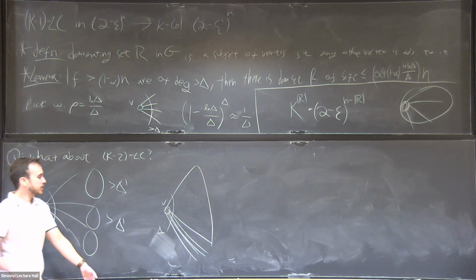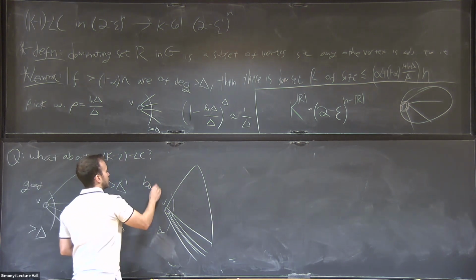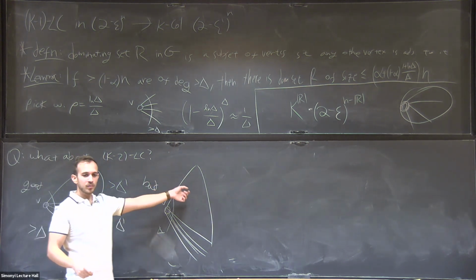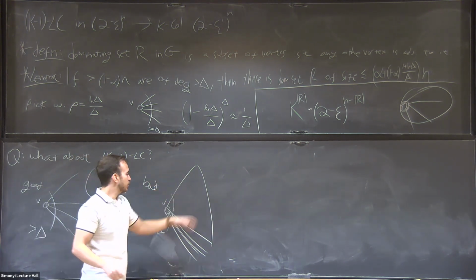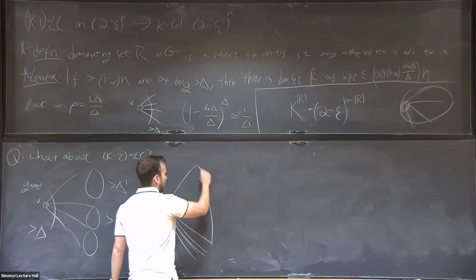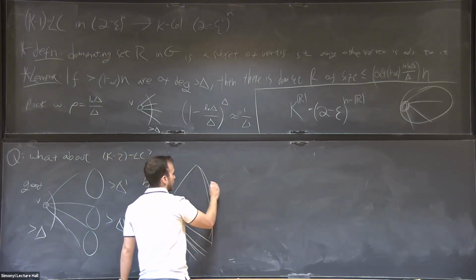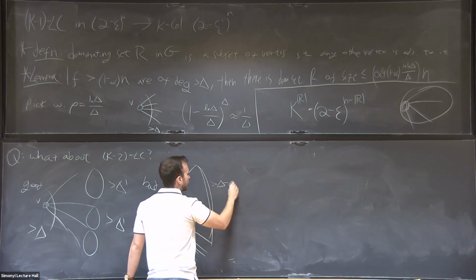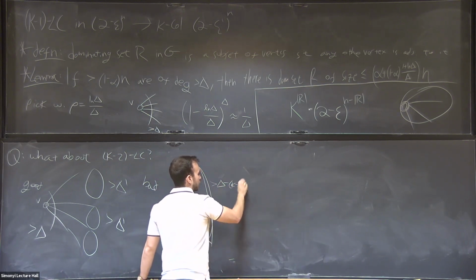And I will say that the vertex is bad otherwise. But what do I know about bad vertices? For each bad vertex, I know that the large color class is of size at least delta minus k minus 1 delta prime.